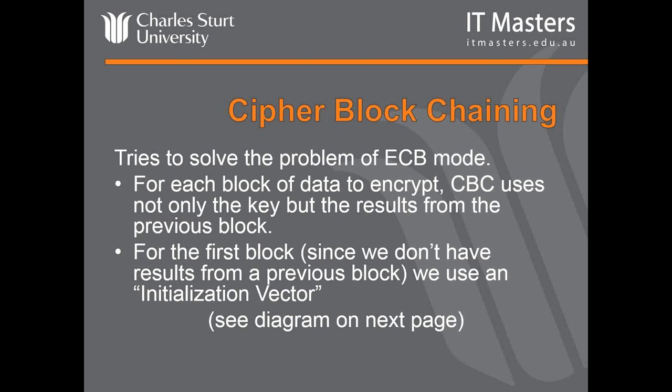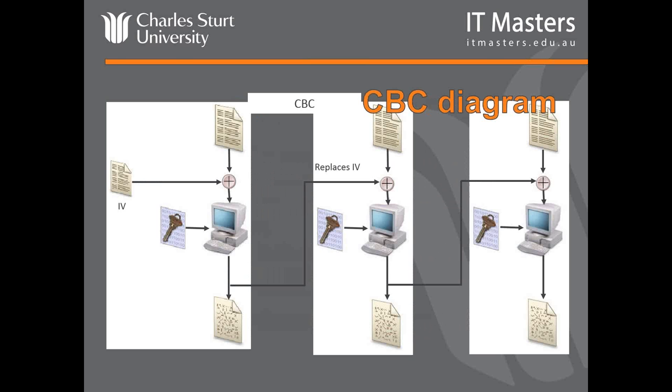So we have an initialization vector. This is what we end up doing in our CBC process. Here's our plain text, here's our initialization vector, and they're XORed together.